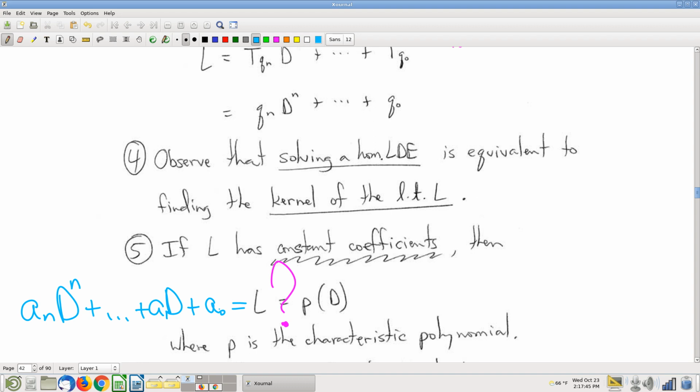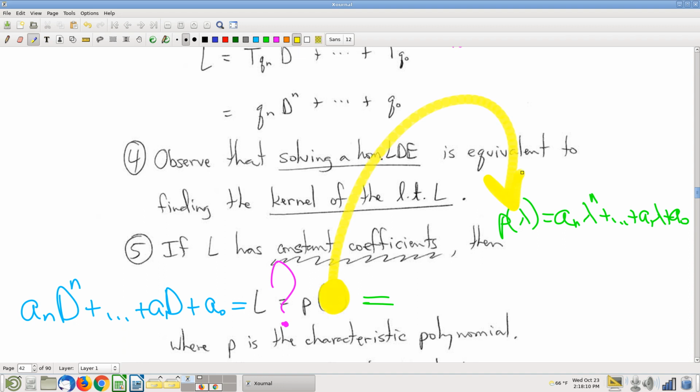And now, what is P? Well, P of lambda, don't forget, is copied from L. It is a_n lambda to the n plus etc. plus a_1 lambda plus a_0, and therefore P of D is what you get when you take D and stick it in for all these lambdas.